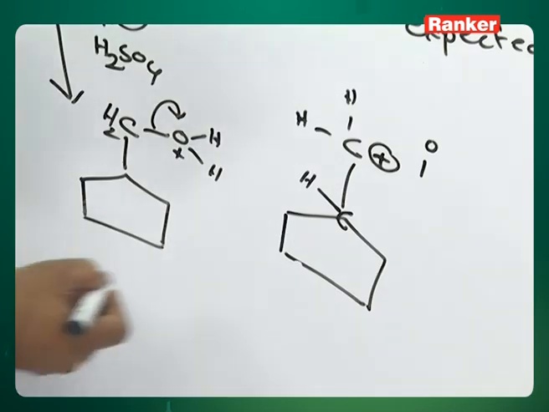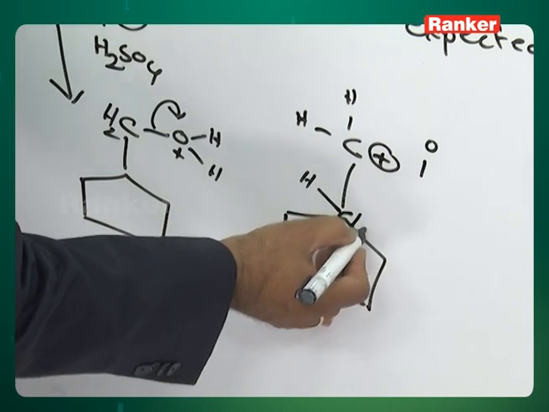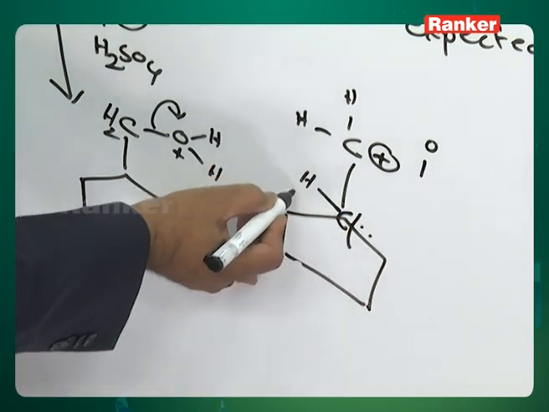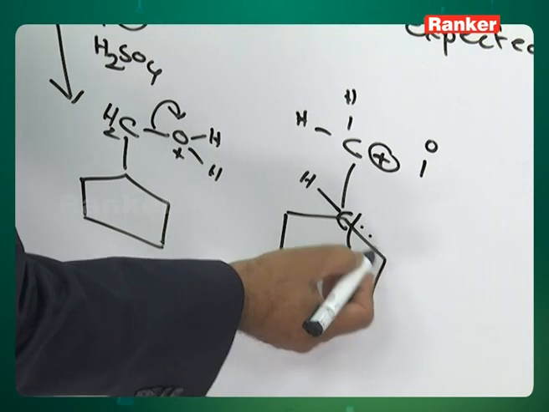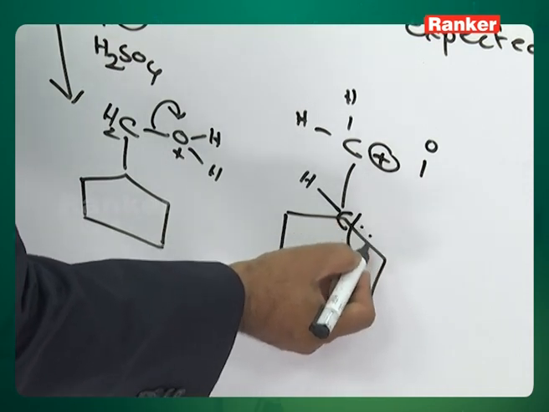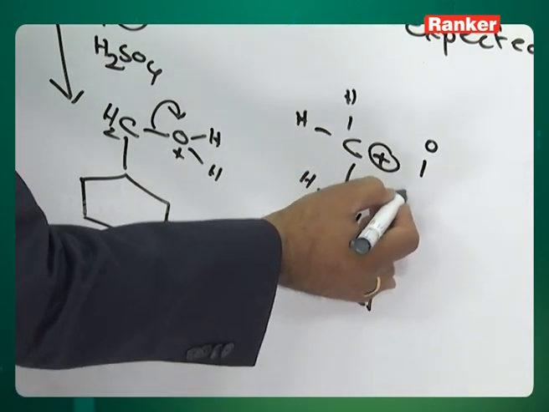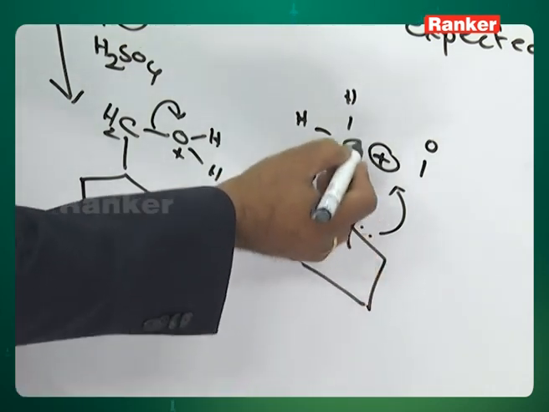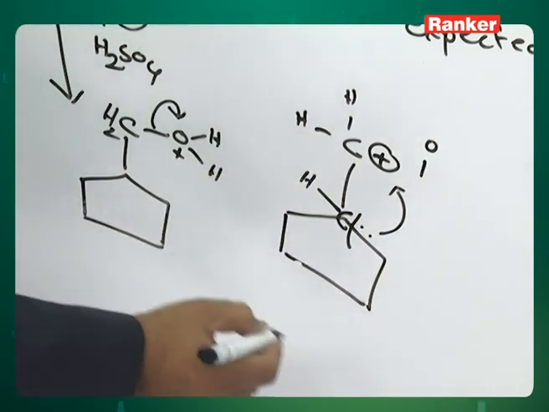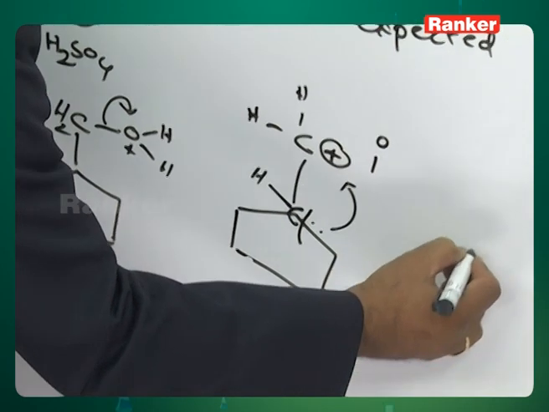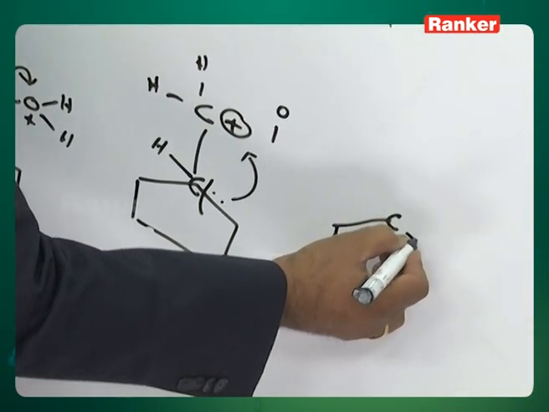But instead of that, the major compound is formed when, instead of hydrogen jumping, the carbon with 2 electrons jumps here. So, a direct bond is formed here, and the carbocation is formed on the junction carbon.